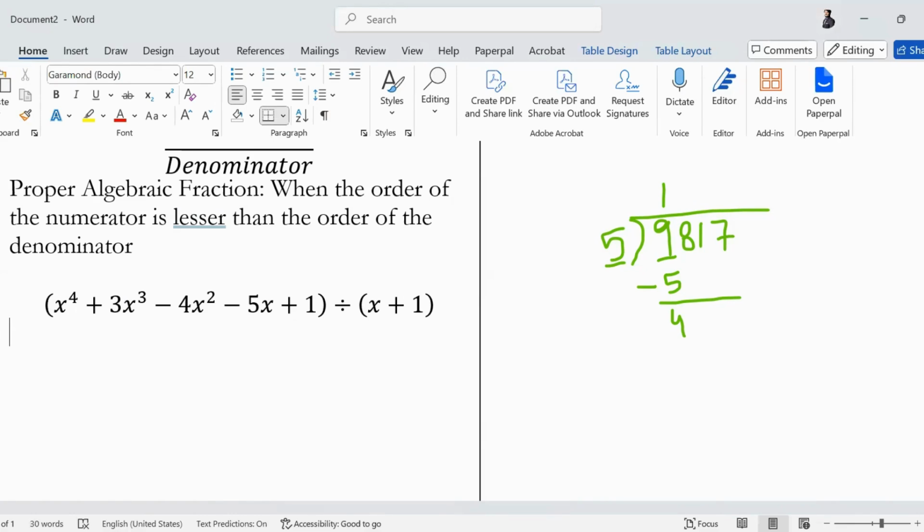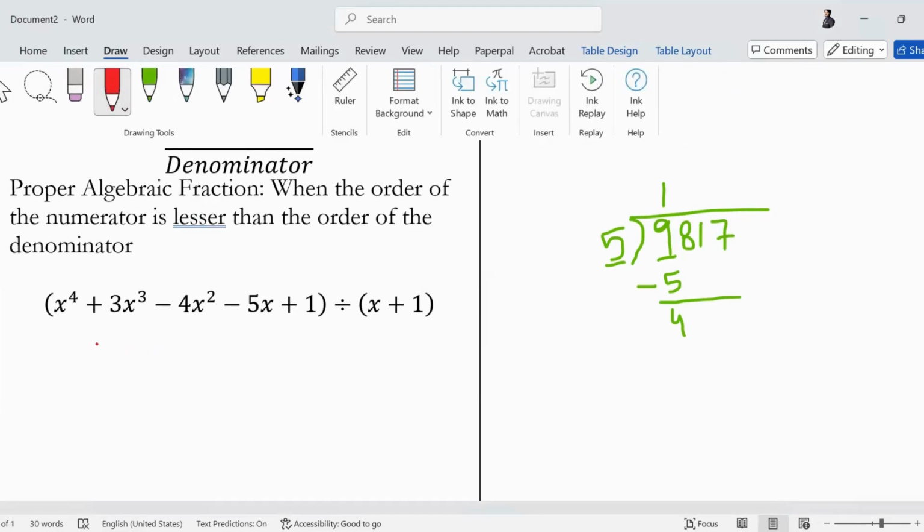Hence, it's divisible. So we'll try to divide this, and obviously we'll be following all the patterns that we have already done with the numeric long division. Nothing new. But we will just be careful with the steps and the things that we will write.